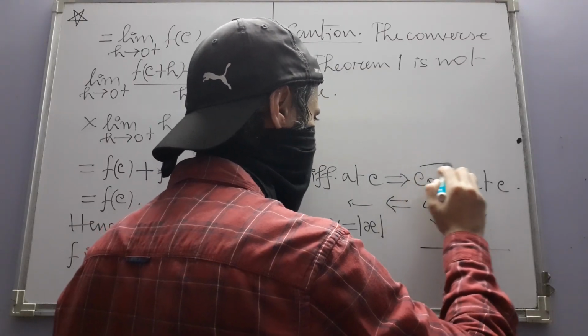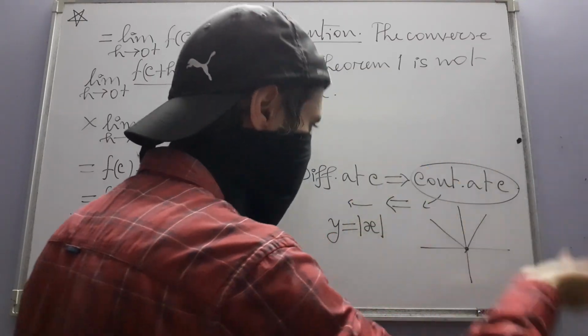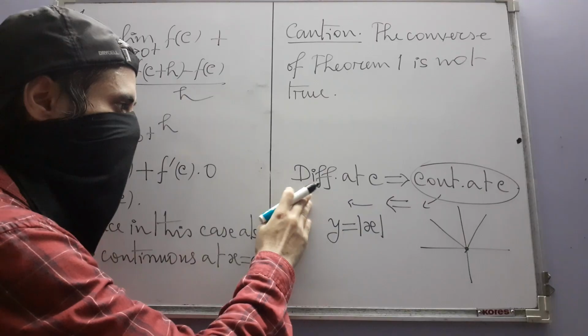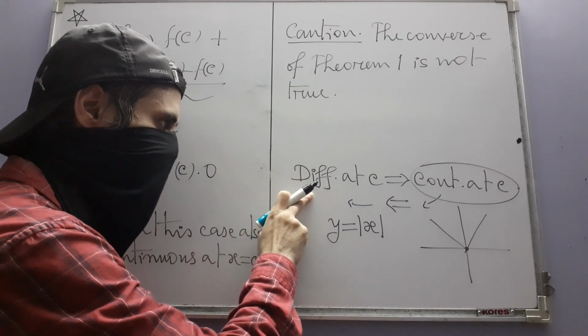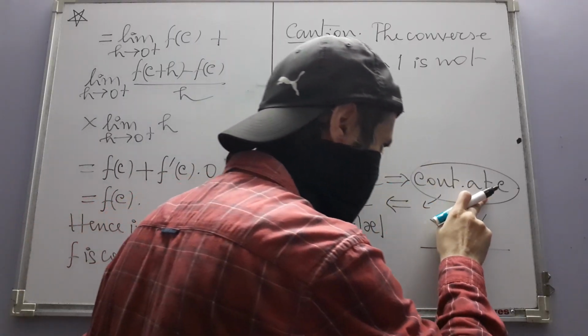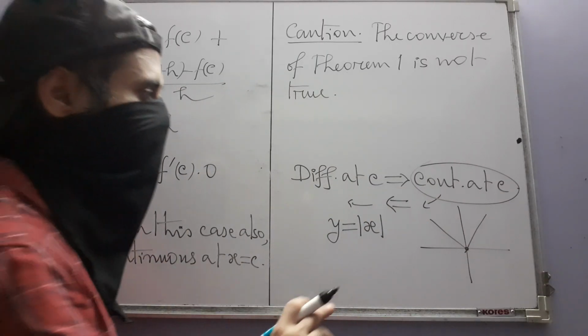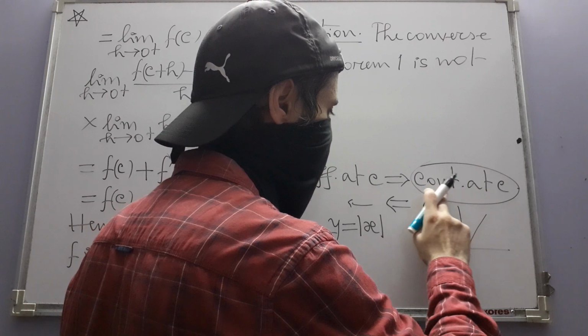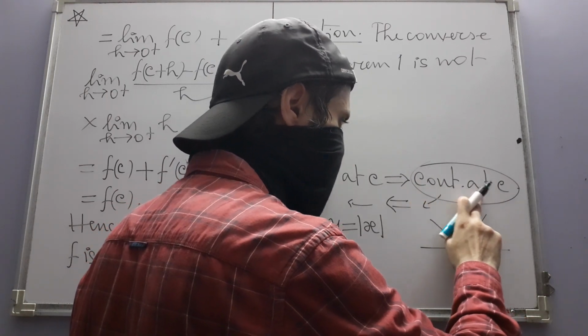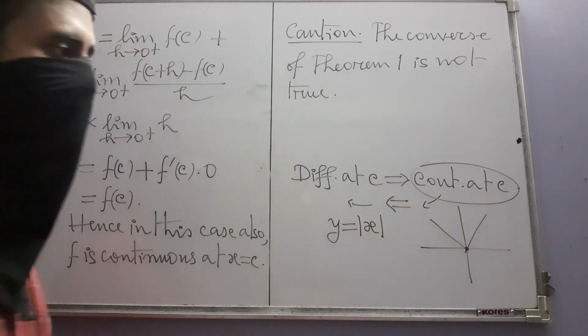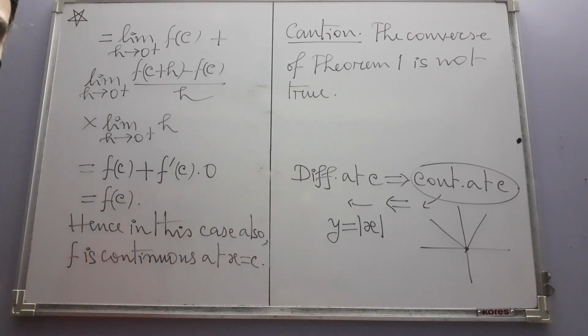So, continuity at c is a necessary condition for differentiability. If you have differentiability, then you necessarily have continuity at that point. But it's not a sufficient condition for differentiability. Continuity at c alone does not guarantee differentiability at c. So this is one such function.